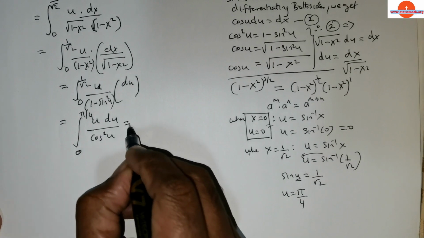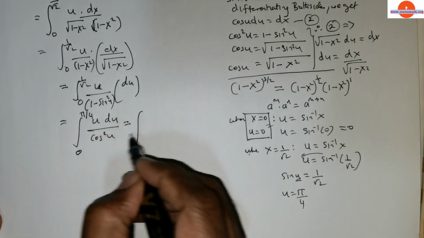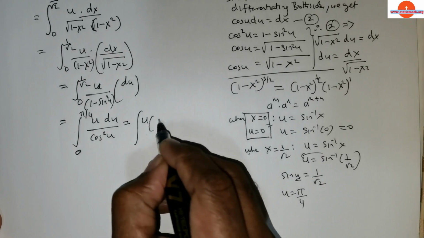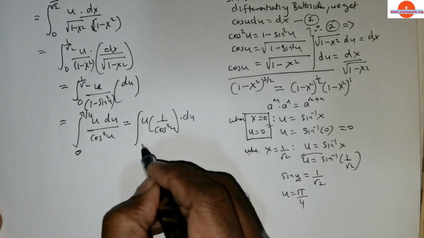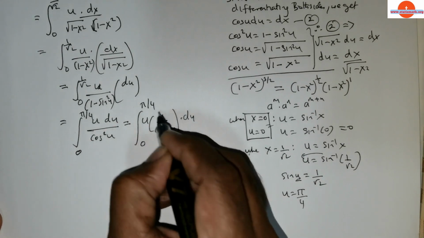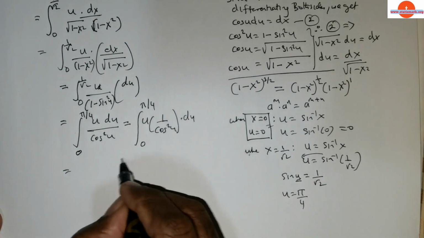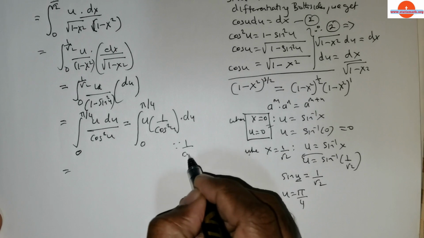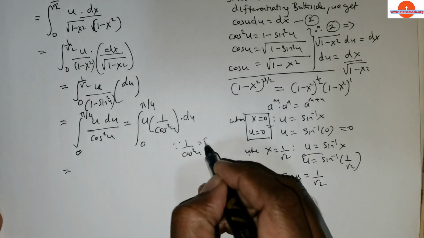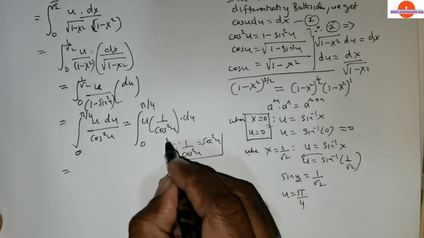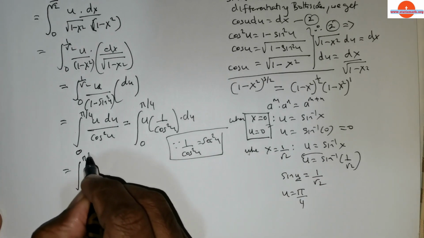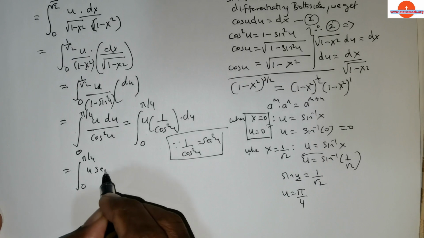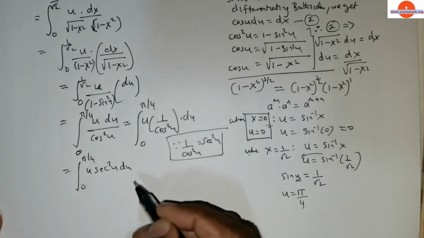So now we can rewrite the integrand as u times 1 over cos squared u times du, with limits 0 to pi divided by 4. We know that 1 over cos squared u is equal to secant squared u. This is a formula. So we got the integral from 0 to pi over 4 of u times secant squared u du.